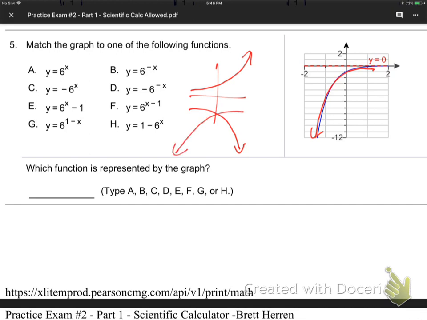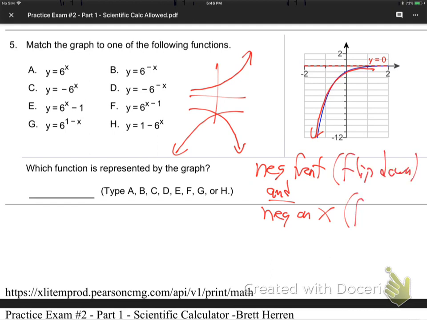It's been flipped both. So it has a negative in the front and a negative on x. The negative in the front makes it flip down. The negative on the x makes it flip sideways. So we're looking for something that has a negative in the front and a negative on x, because our graph has been flipped down and left.